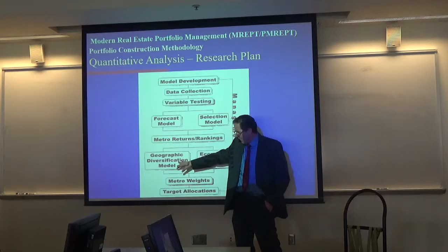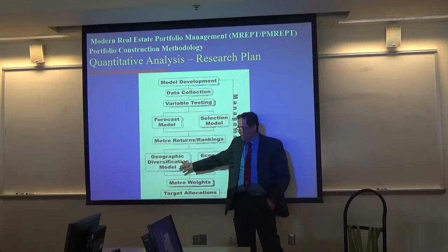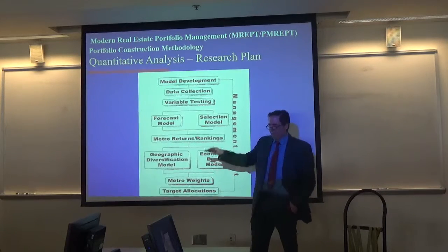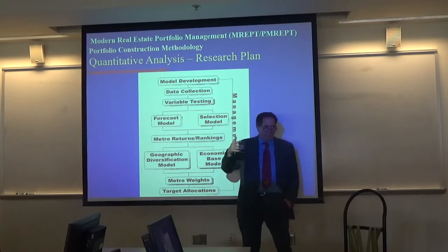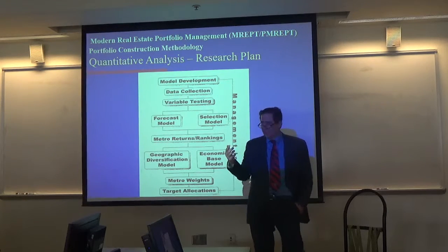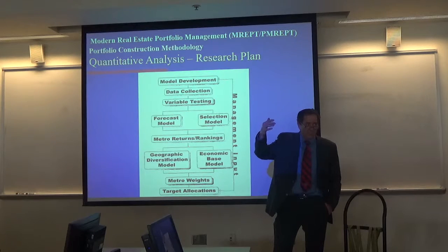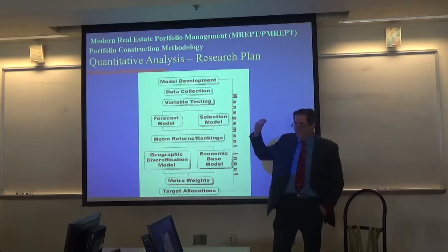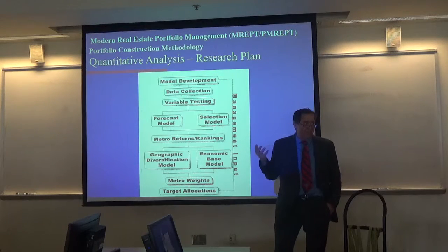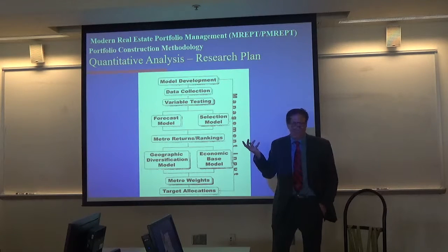Then we went into geographic diversification, which is the main diversification strategy. But I was concerned that if we were diversified geographically, we could be concentrated economically. So if I have a huge portfolio in Silicon Valley and I have a lot of properties and a significant portion of the portfolio is concentrated on the east side in Seattle, I diversified geographically, but not by economic concentration, because those are two high-tech clusters.